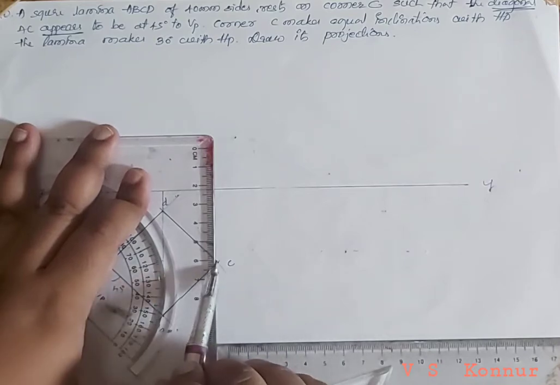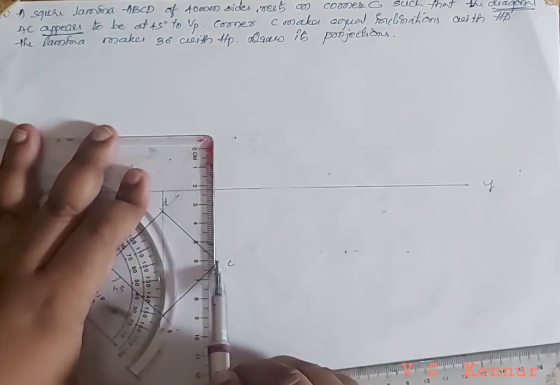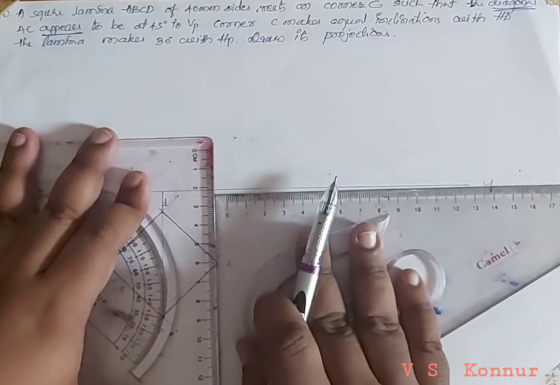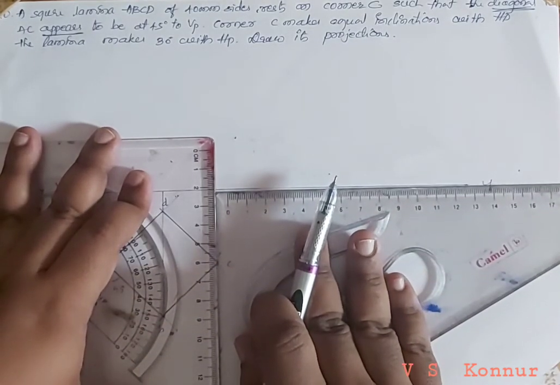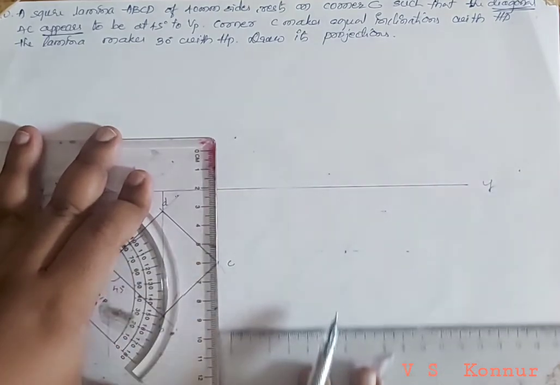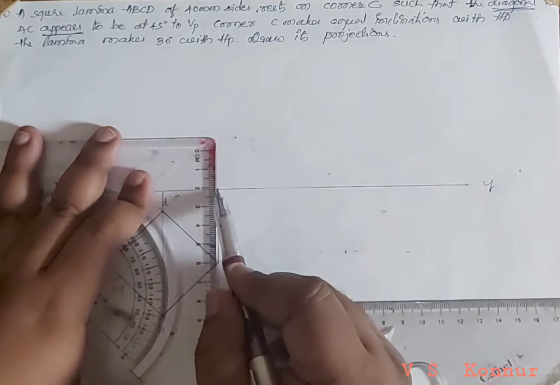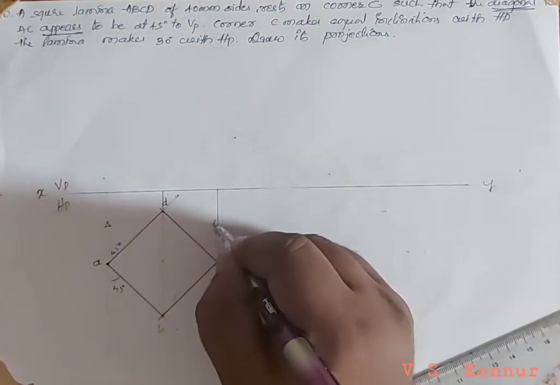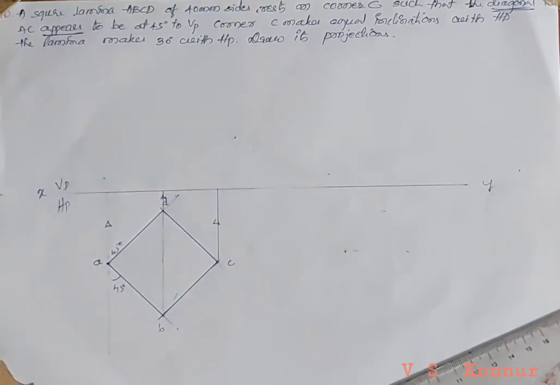So for C, these are just for construction. From C also you should draw projector. Now from A I have drawn the projector, B, C, D, all projectors I have drawn.